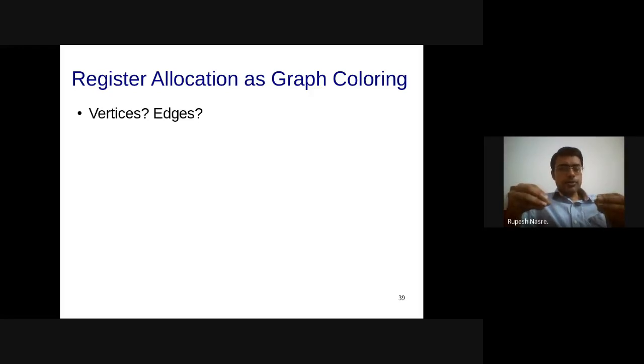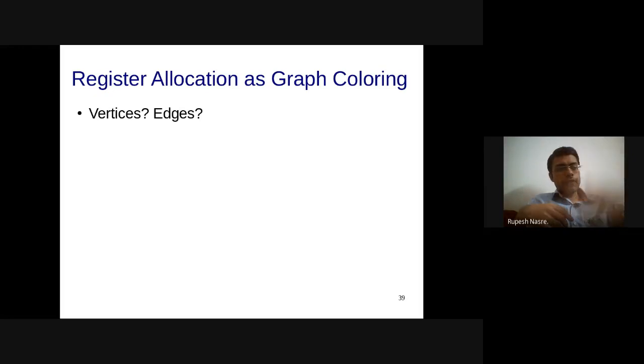And in this case, it should mean that these two variables which are connected should get different registers. And why would you be forced to give two different registers to two variables is because, as Sarthak has mentioned, they are live at the same time. Right? So their live ranges overlap.